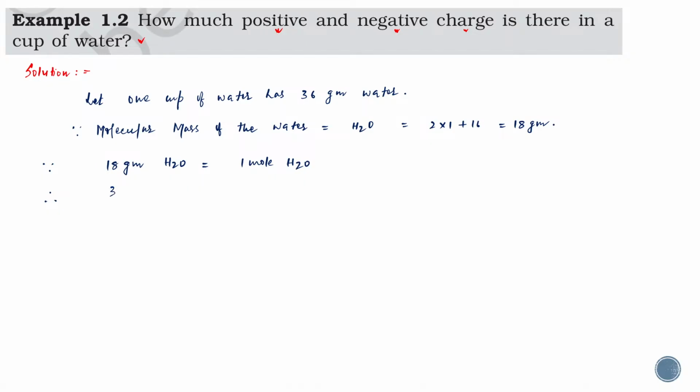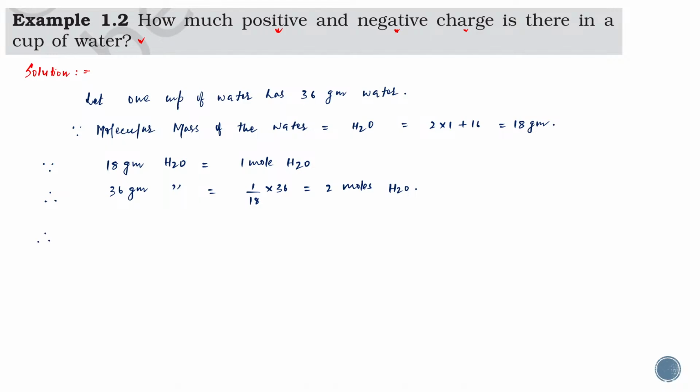Therefore 36 gram H2O equals 1 by 18 into 36, equal to 2 moles of H2O. There is no problem to understand up to this step.